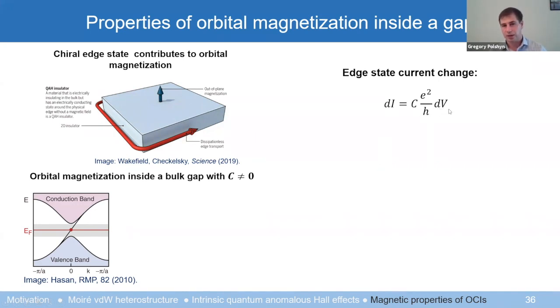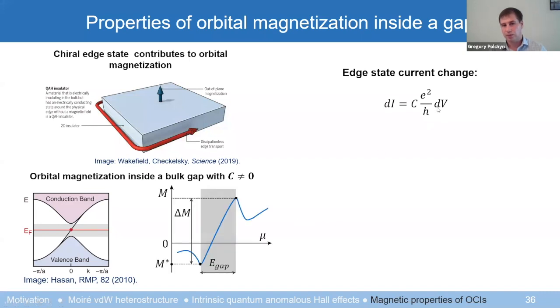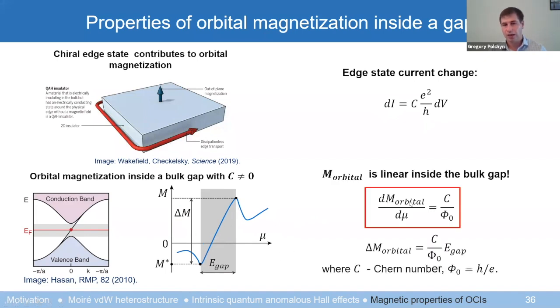So when we sweep the chemical potential inside the gap, when we change our voltage, the current and correspondingly the orbital magnetization will grow linearly with chemical potential. And the rate of this change of orbital magnetization with chemical potential is given by this simple equation. It's just equal to the Chern number divided by the superconducting flux quantum.